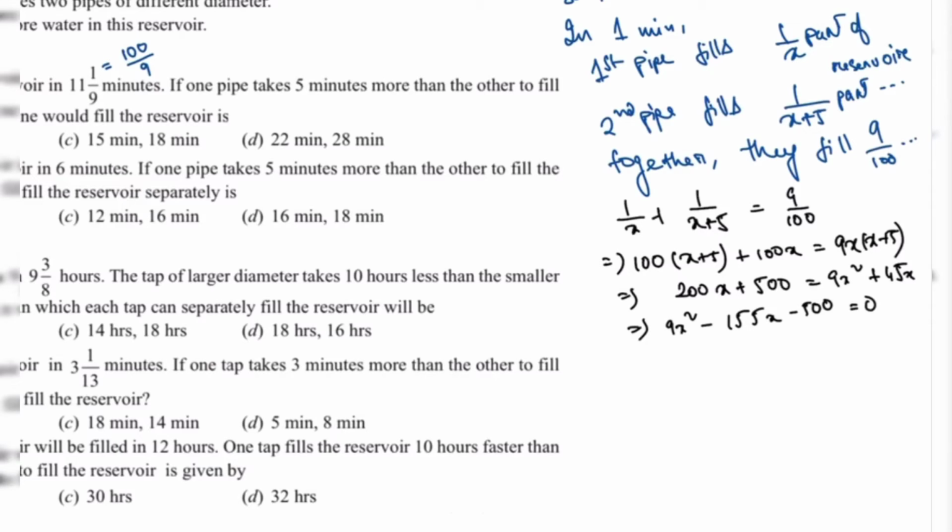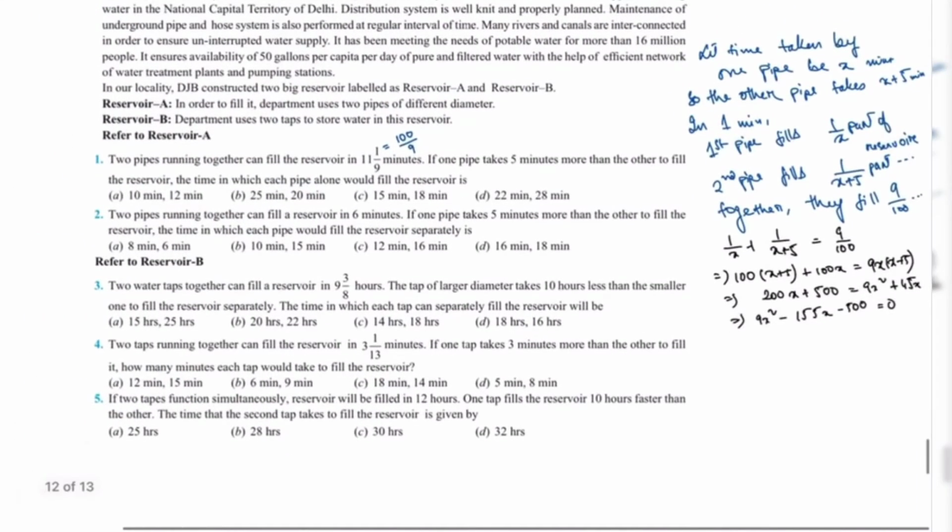We have 500, 9x squared, and then we have 45x. Right, but we don't have multiple of 9, and 155 is not a multiple of 9 as far as I can see. Okay, let me return to this question a bit later.